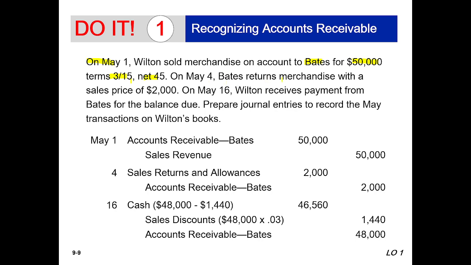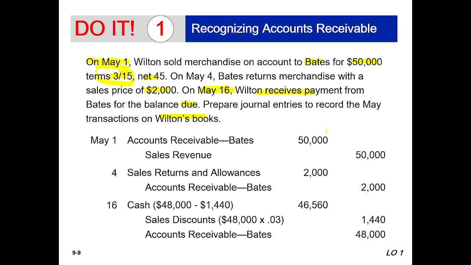On May 4, Betts returned merchandise with a sale price of $2,000. And on May 16, within 15 days, Betts company pays Wilton company and will get 3% benefit, and Wilton receives payment from Betts on the balance due. Prepare journal entries to record the May transactions in Wilton's books.